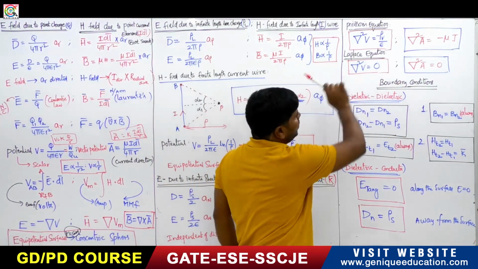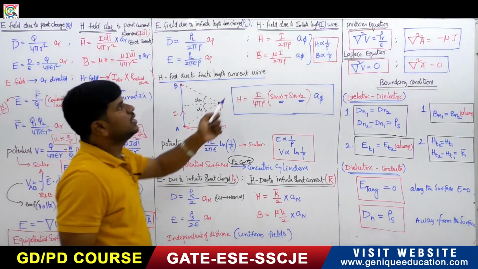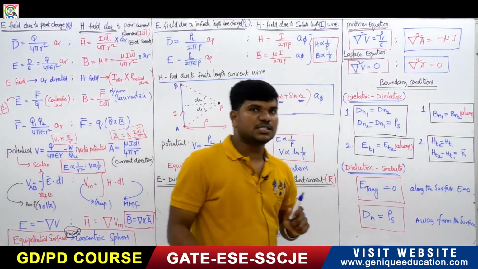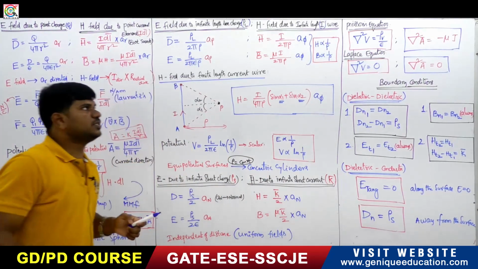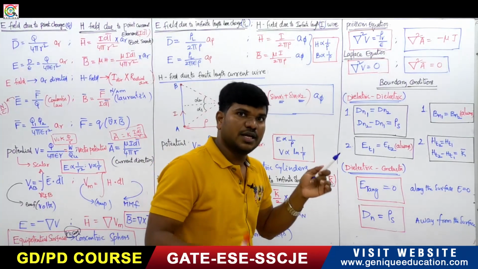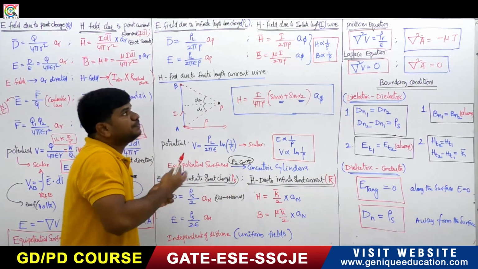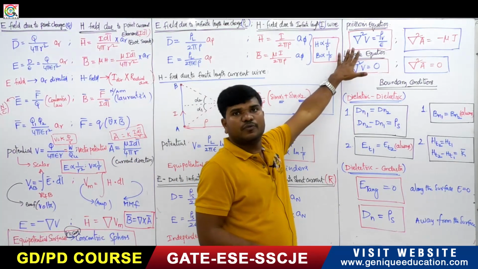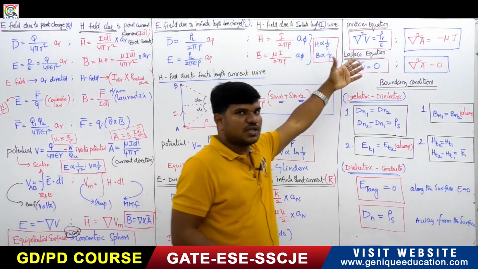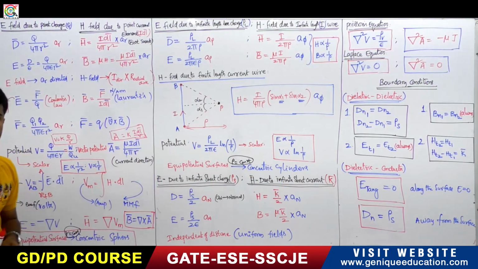Similar to this, we have to compare these, right? We have to focus on the Poisson's equations, and the questions are coming from this. Suppose you want to find the charge by using some voltage function, we have to use the Laplacian and Poisson's equation.